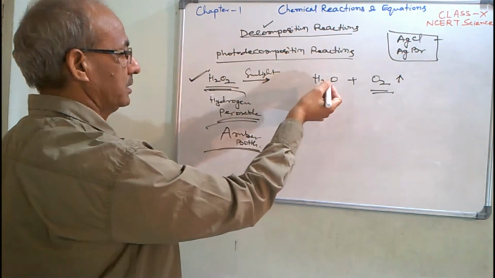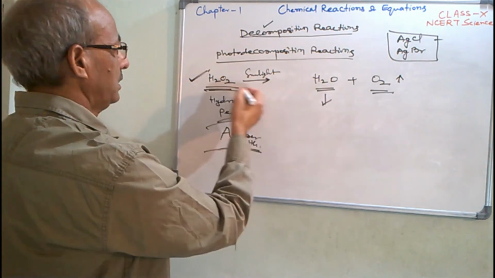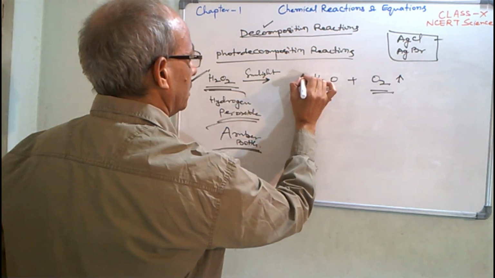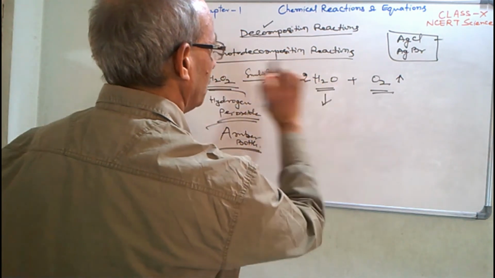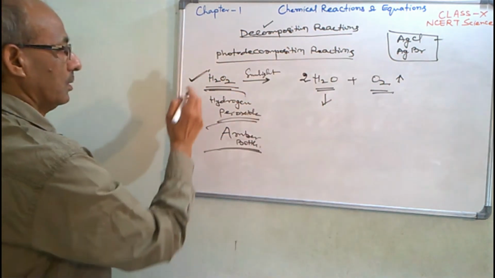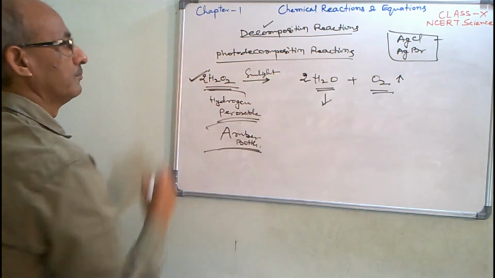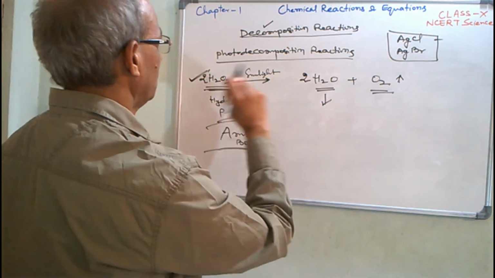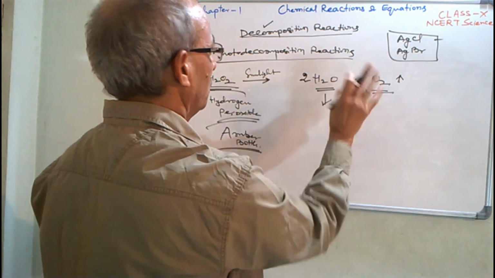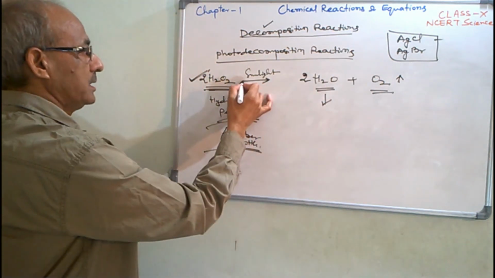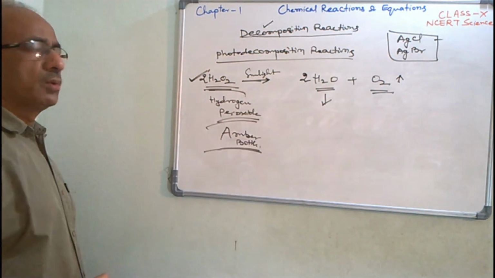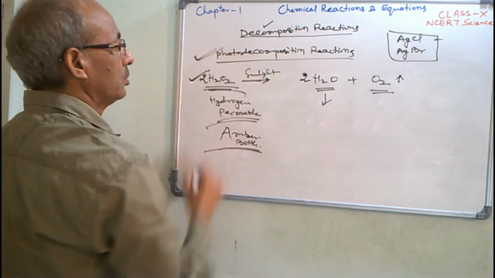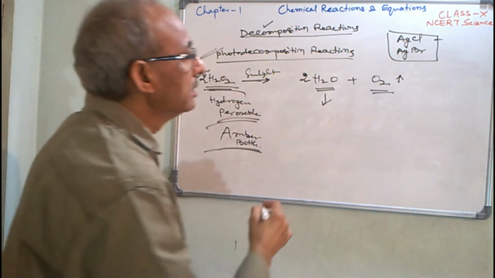Splitting takes place. We will balance the chemical equation by putting 2 here. Now this chemical equation is balanced. As this splitting or decomposition reaction takes place in the presence of sunlight, it is an example of a photo-decomposition reaction.